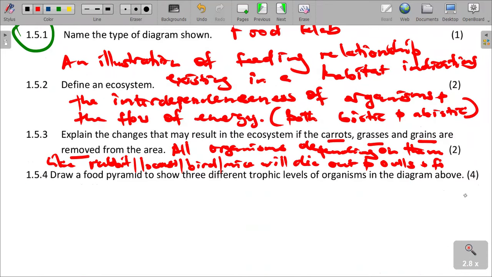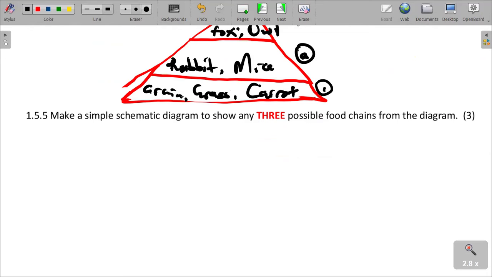So in other words, you just need to be able to identify items that you can put there to say that they fall into those categories, and then make a simple schematic diagram to show any three possible food chains from the diagram. So from here I can do this.